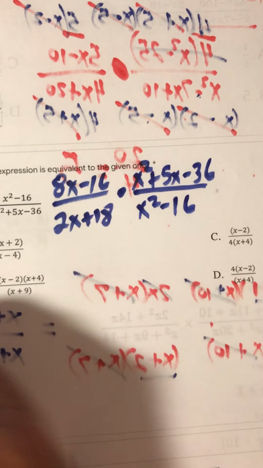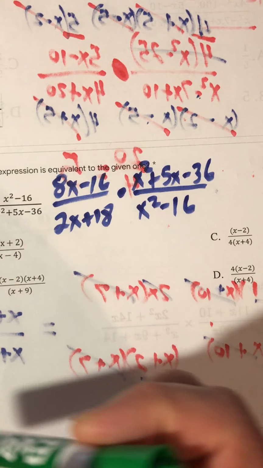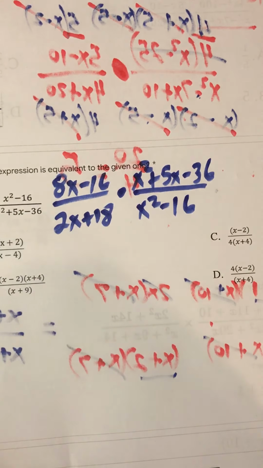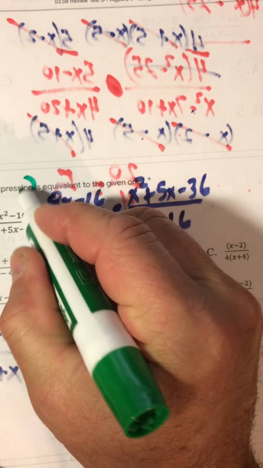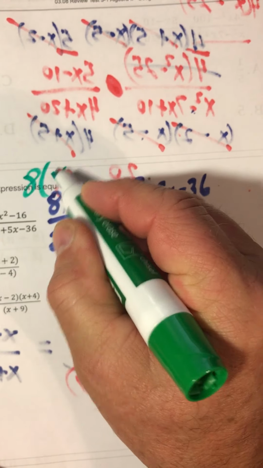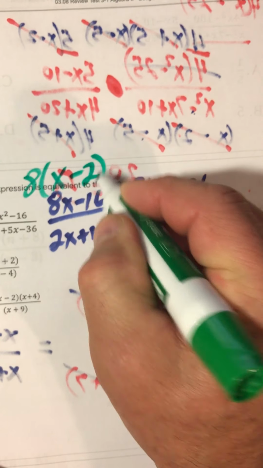In this problem here, we have a GCF on the top left, 8x minus 16. The GCF is going to be 8. So I'm going to factor out an 8. Leaves x minus 2.